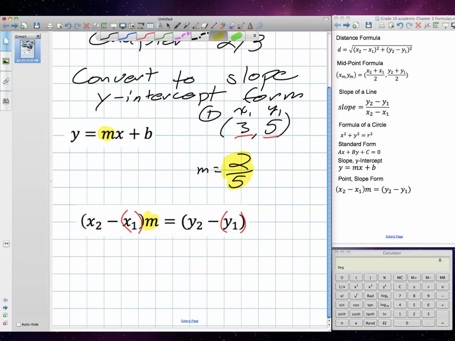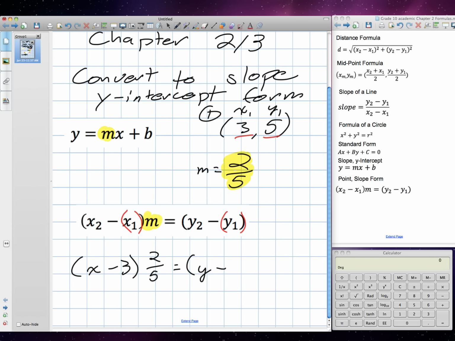So we end up with just x. We no longer need the subscript because it's the only x in the question. x subtract 3, times 2 over 5, is equal to y subtract 5.